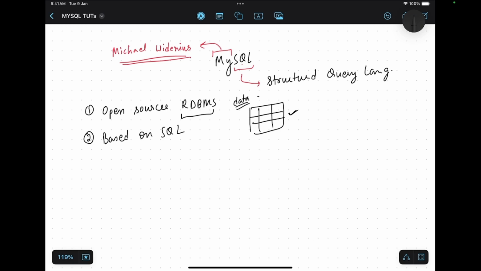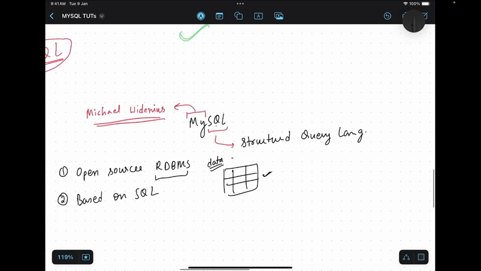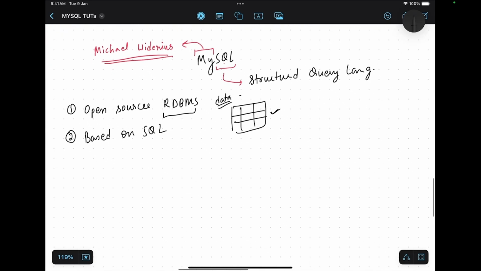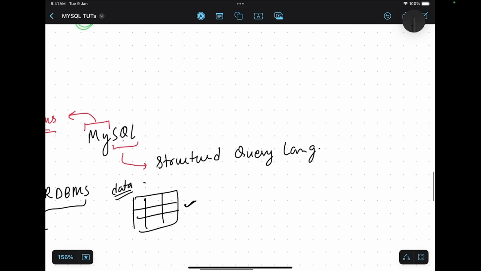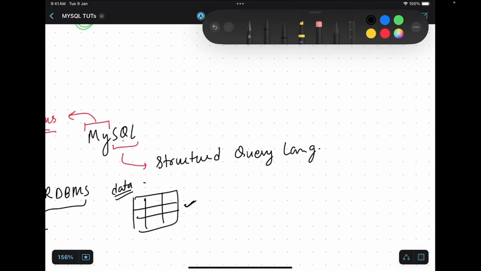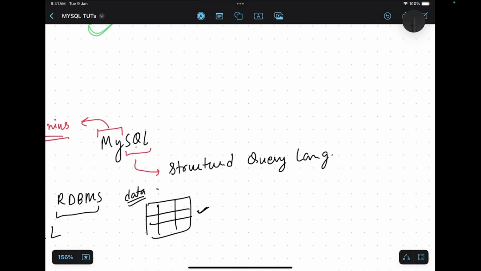Also, let's see some history of SQL, because before learning about the current things, I think it's very interesting to explore the history of any programming language or anything. So first of all, let's see who developed MySQL. There were three people.